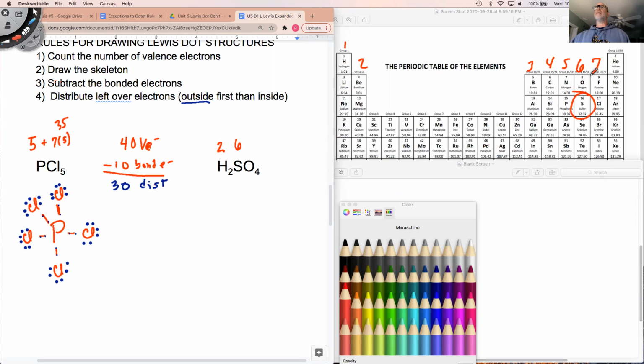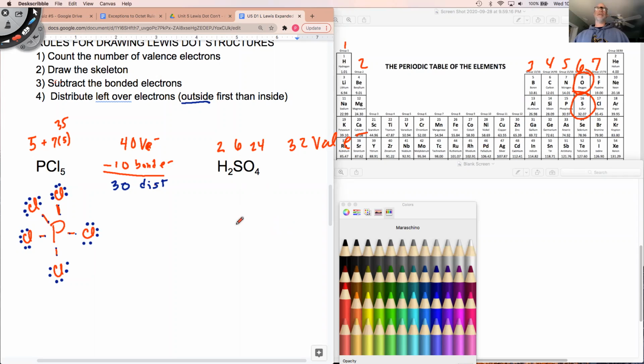And then each oxygen has how many valence electrons? That's right, each oxygen has 6, but there's 4 oxygens, so how many total valence electrons will these oxygens have? That's right, 24. So let's add all those up. We have 24 plus 6 plus 2, which gives us 32 valence electrons.